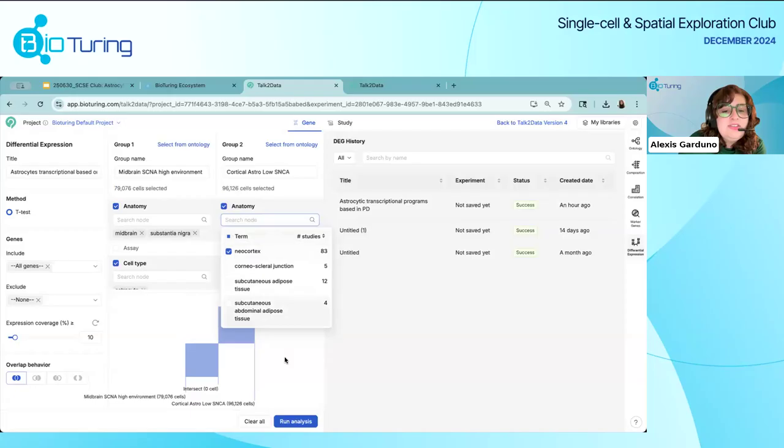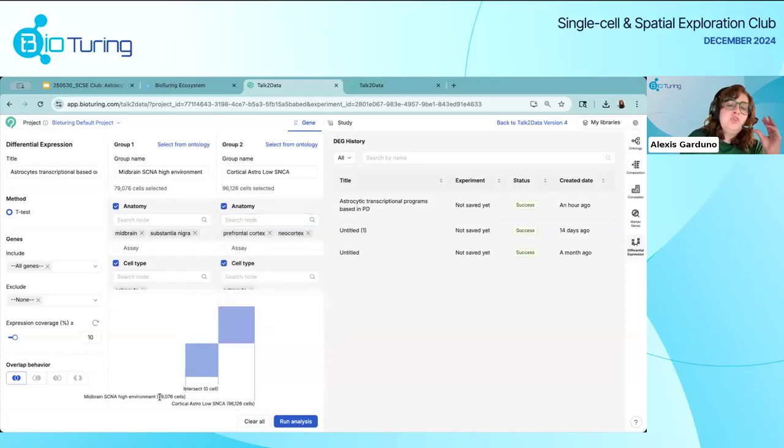And this is where it's going to show us how many cells we have from these different studies relating to these different regions and this expression of this particular gene within these astrocytes only. It just shows you how many cells we're collecting from the studies. And from there, we can start running the analysis.